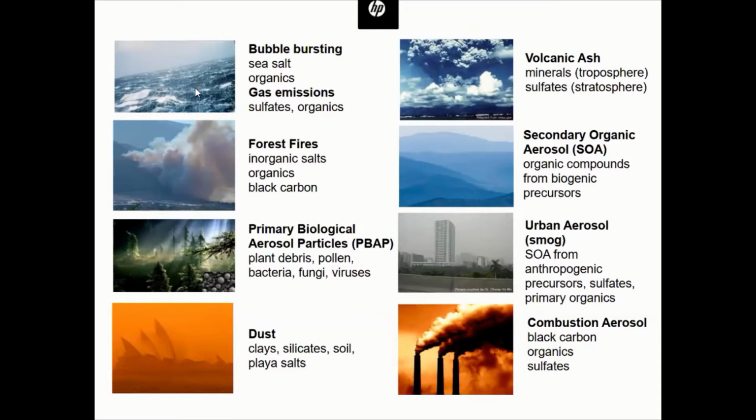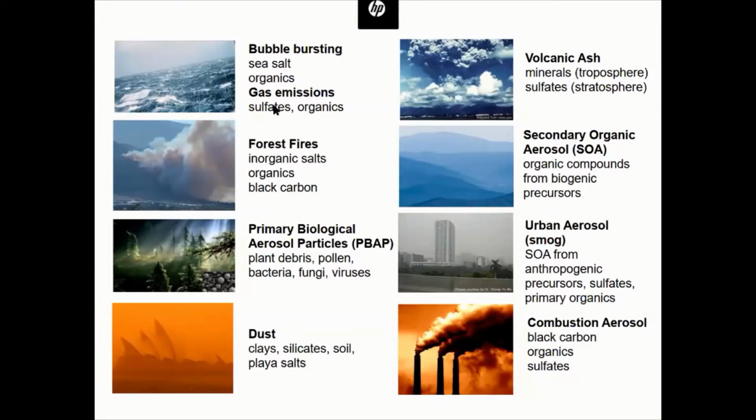Over the ocean, a lot of the clouds, as we mentioned, have a particle at the center of each cloud droplet. A lot of those particles come from bubble bursting over the ocean. So the particles can be composed of sea salt or organics.